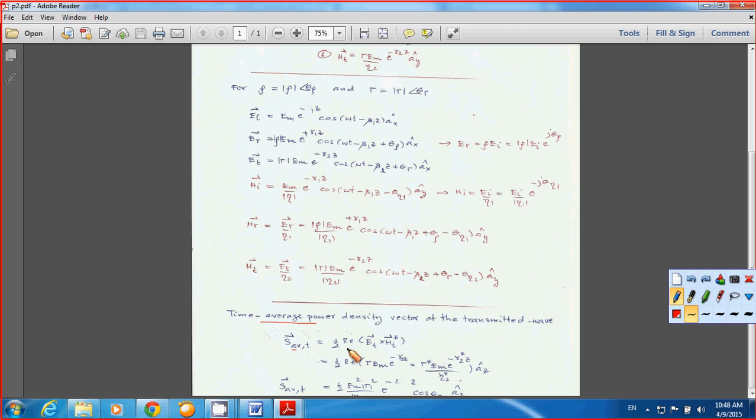And time average power density is equal to 1 over 2 the real part of the transmitted electric field cross the conjugate of the transmitted magnetic field, and you represent ET by tau EM exponential negative gamma 2 z, and cross tau conjugate, because tau can be a complex number, and EM and exponential negative gamma 2 conjugate, same.